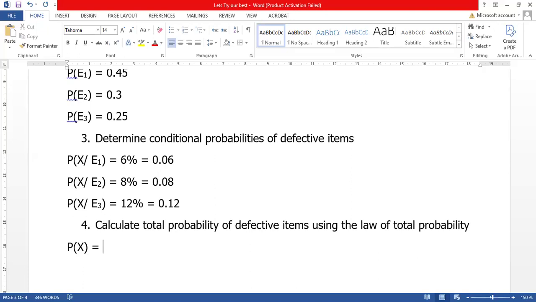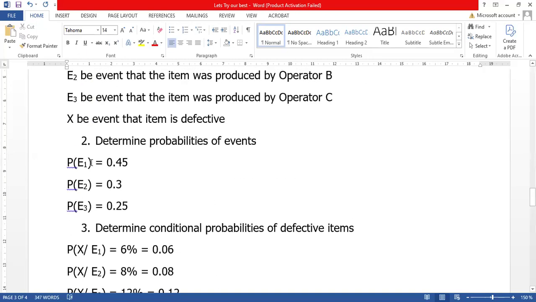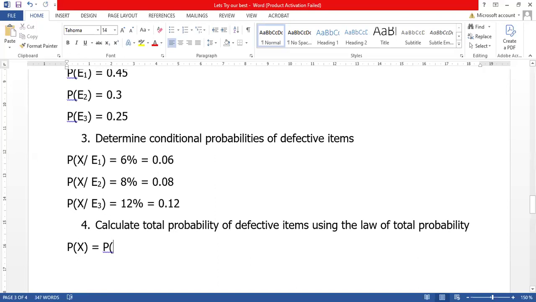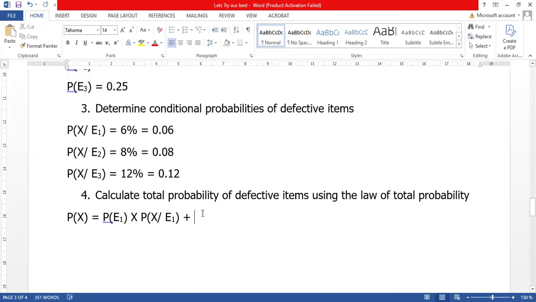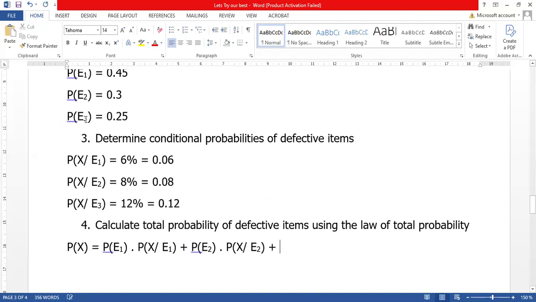Using the law of total probability, you multiply the probability of E1 times the corresponding conditional probability, then plus E2 times its conditional probability, then plus the last one times its corresponding conditional probability.